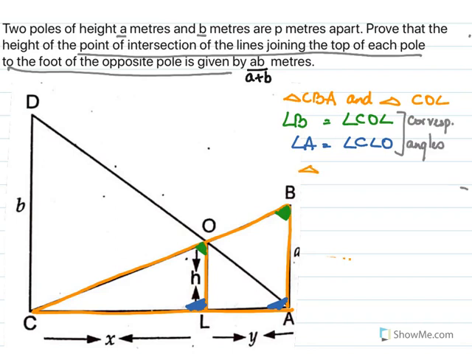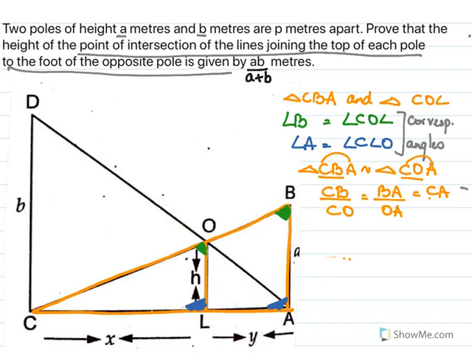So I'll write triangle CBA is similar to triangle COL, and hence the sides CB over CO will be equal to BA over OL equal to CA over CL.